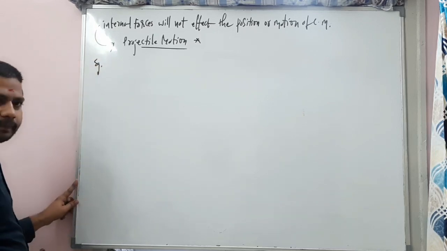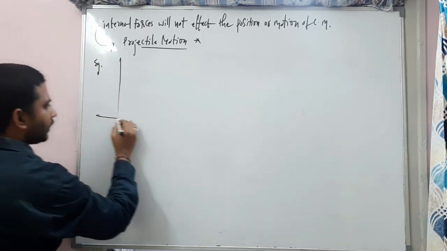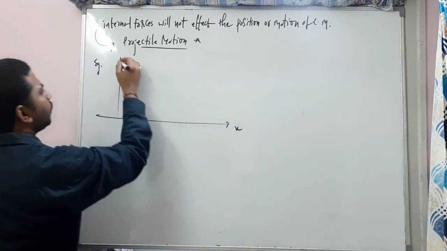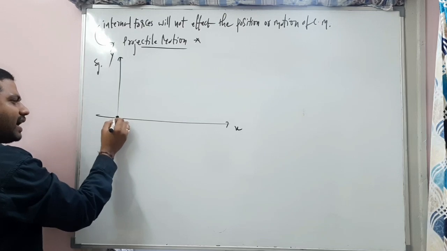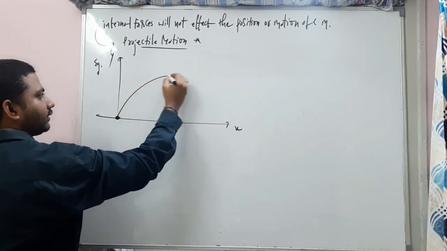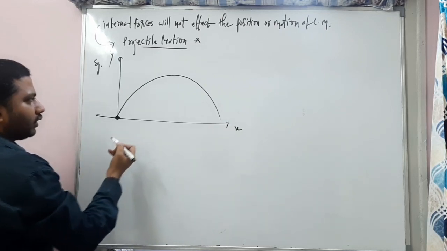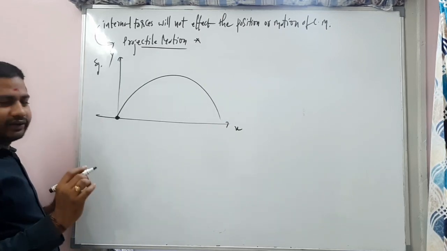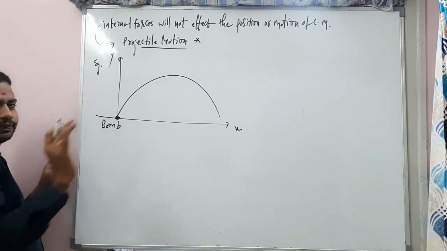Have a look at it. So this is x-axis and y-axis here. A body of mass m is projected from the origin. Like this it is projected. Without any explosion, right? This is the bomb, for example. This bomb is not exploded.